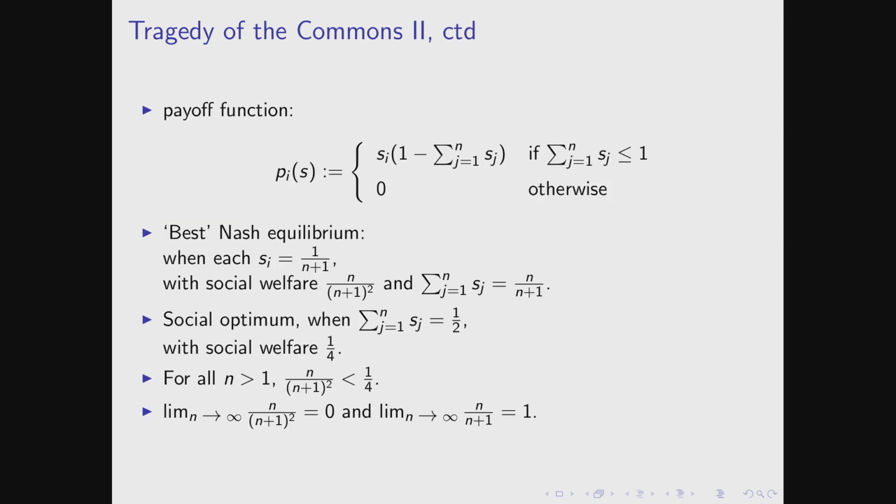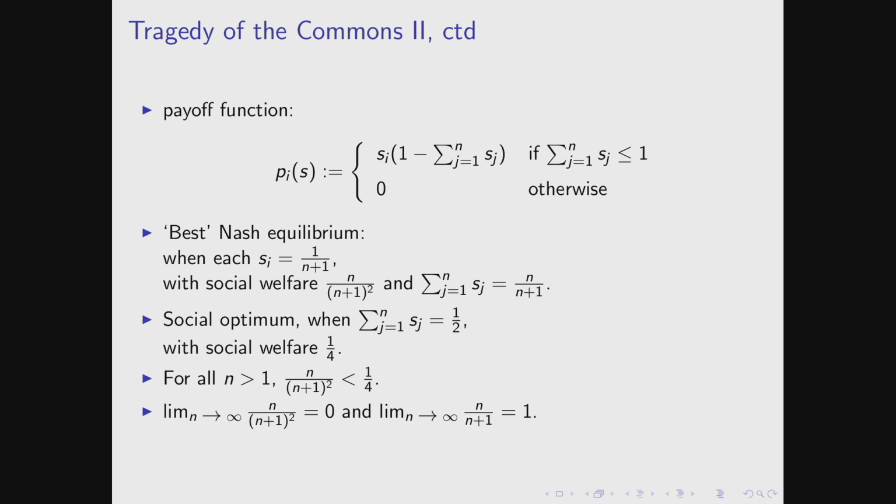And you can ask yourself, what are the Nash equilibria? It turns out that in this game you get several Nash equilibria, but a more natural one is symmetric, because this situation is symmetric.